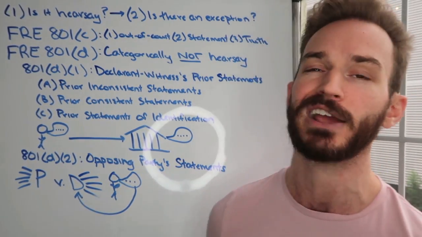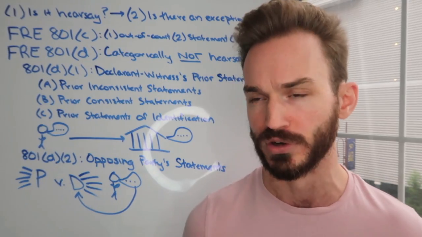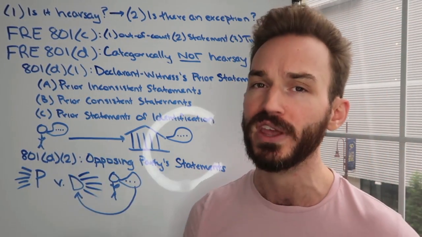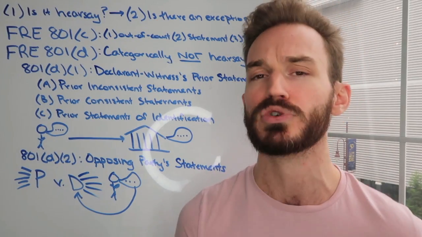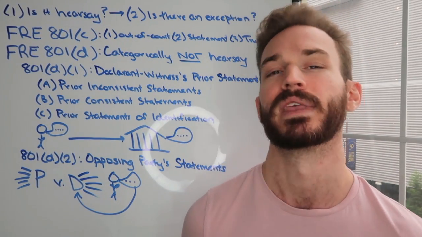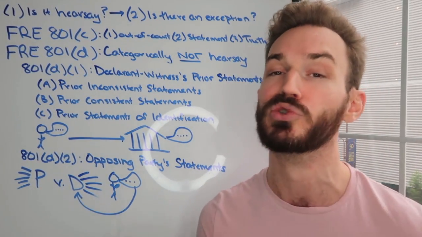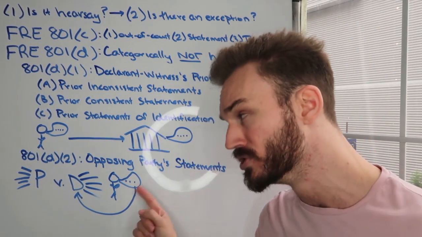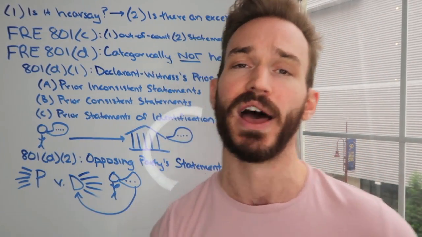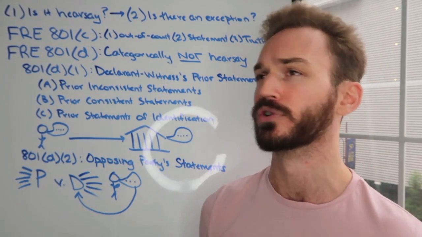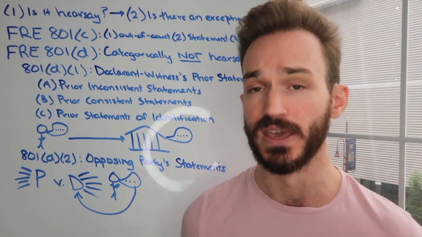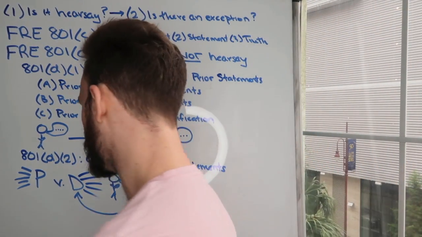The plaintiff can't introduce his own out-of-court statements under 801(d)(2). The whole point here is opposing party statements. Just think about the Miranda recital: anything that you say can and will be used against you, right? It has to be one side using the statements against the other side. It can't be, 'I said an out-of-court statement, I'm going to bring it in for myself.' That doesn't work under 801(d)(2), okay? Just one thing to recognize there.